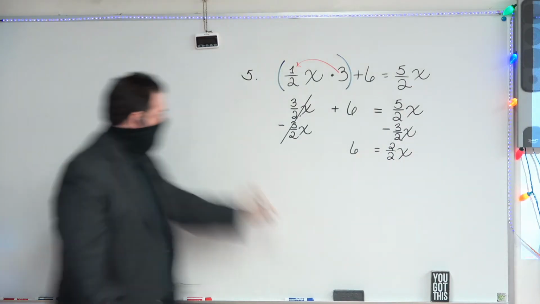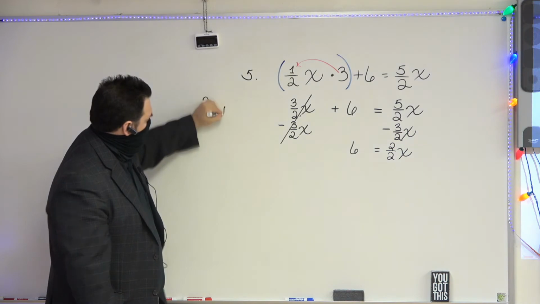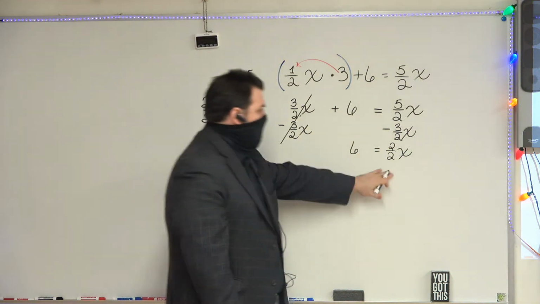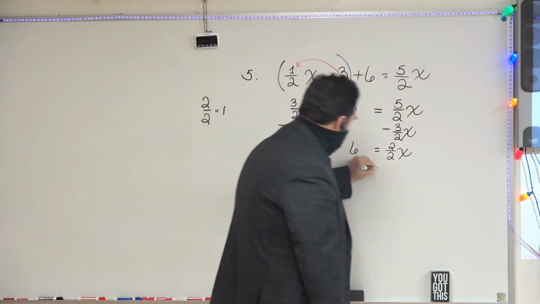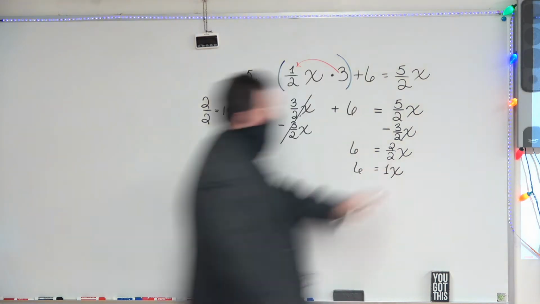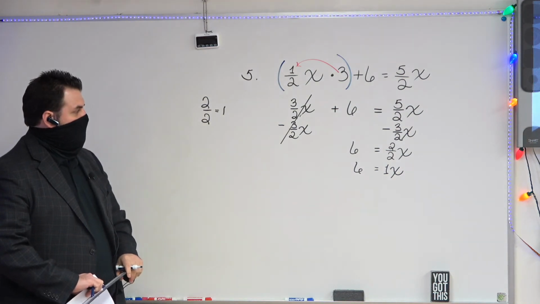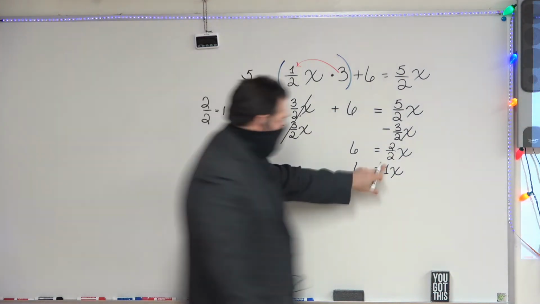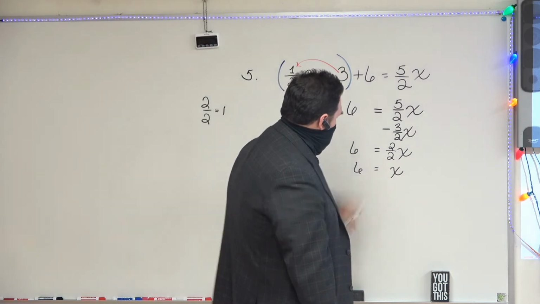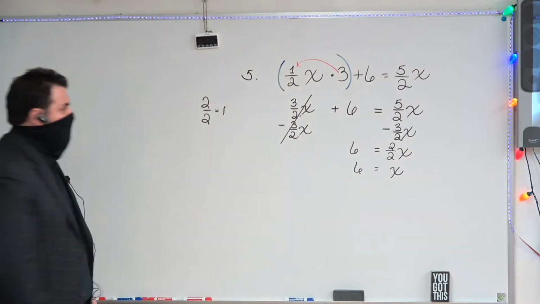What does 2 over 2 reduce to? 2 over 2 is 1. So it's really 6 equals 1x. Now what do I do now? You could divide by 1, but then you'd have 6 over 1. We're done. That's the beauty of it. We're done.